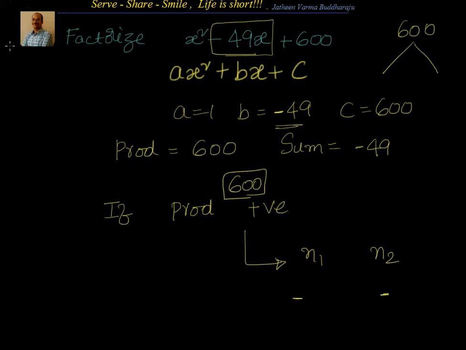For that we have to find out the factors of 600. So let me just try to keep here the factors of 600. You can do that by prime factorization.